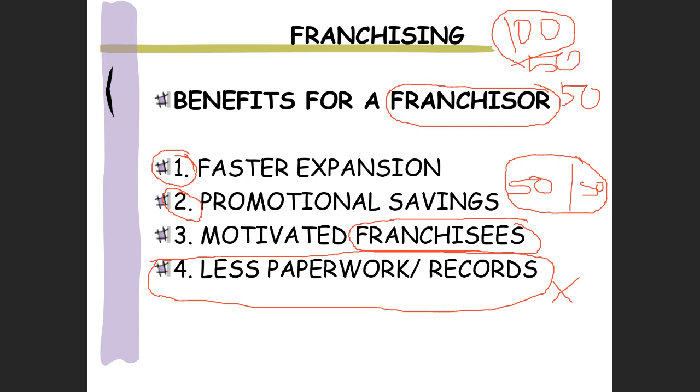As we will see in the context of personal selling, you can hire a salesperson and pay this salesperson a monthly salary of $5,000. Or you can tell the salesperson, look, I'll give you a monthly stipend of $2,500 and the rest is commission. The more you sell, the more money you make.